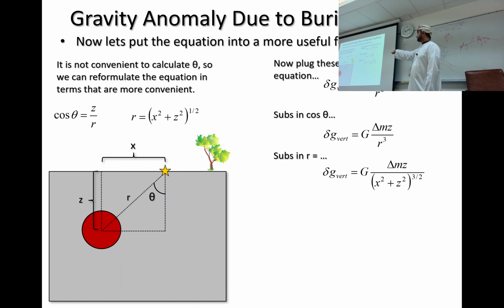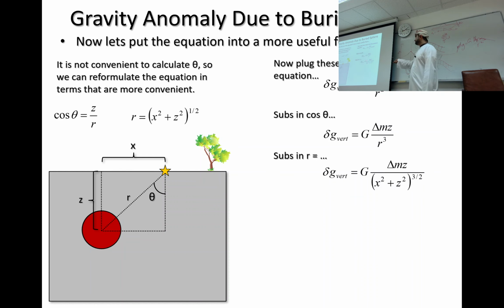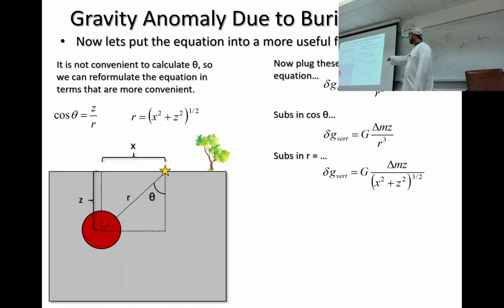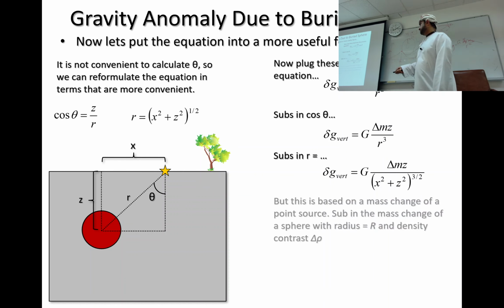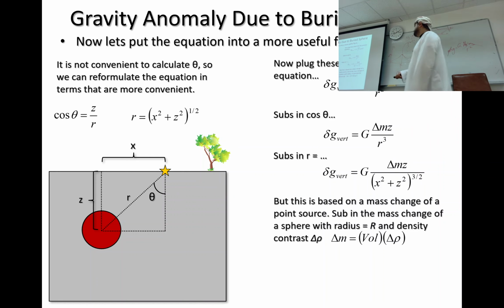So it becomes Z over R cubed. Then we substitute for R. Instead of using R, we use this value, sorry, X squared plus Z squared, all raised to the power 3 over 2. That's my value. And that's how the calculation is.